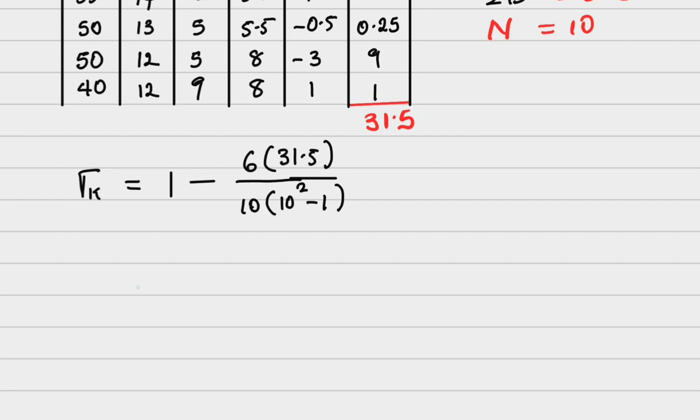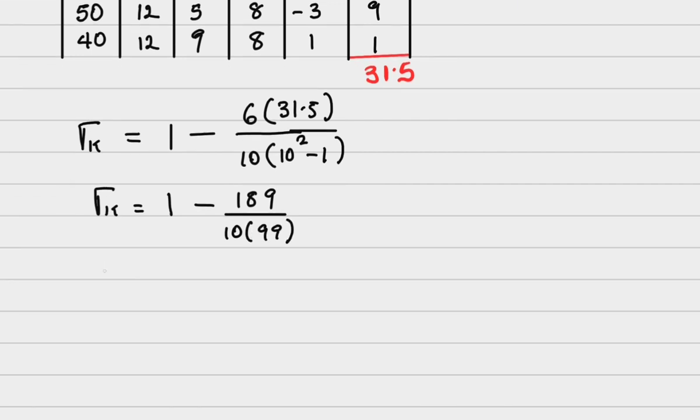Now using my calculator, this is going to be 1 minus 6 times 31.5. That should be 189. Then all over, we have 10 into 99.